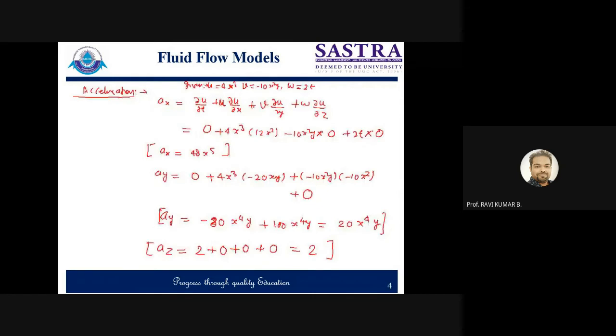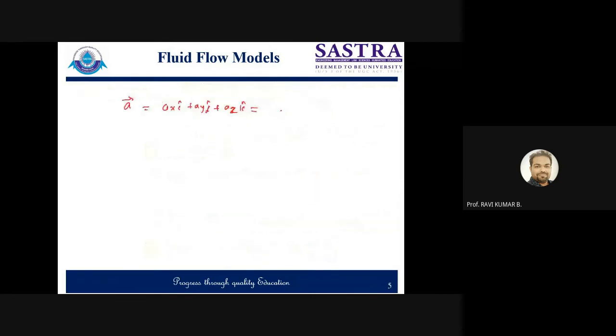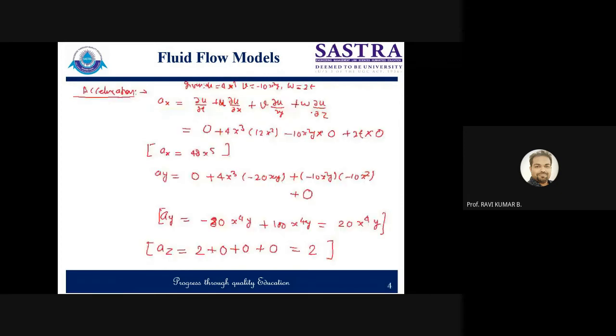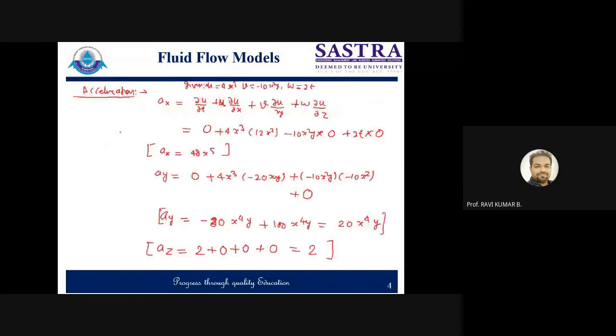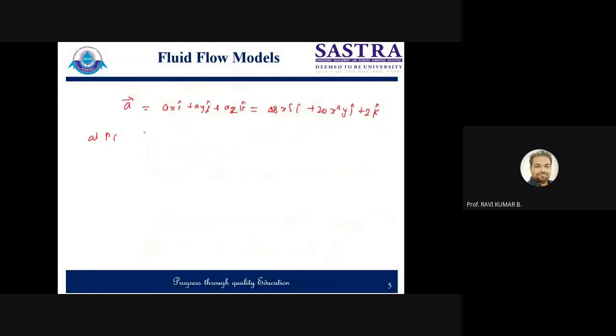What is the value here? 48 x^5 is the first component i, and the second component is plus 20 x^4 y, this is j, plus 2 times k that you got. So now at the point, whatever point is given, (2, 1, 3), use that one, 2, 1, 3, and t is equal to 1.